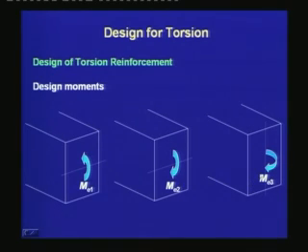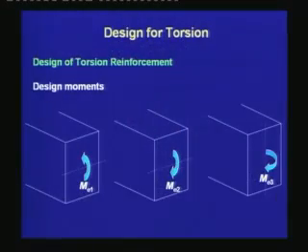And the third one, which is usually governed in the flange sections with thin web, is that we may have to design for a moment which occurs about a vertical axis to cause transverse bending.